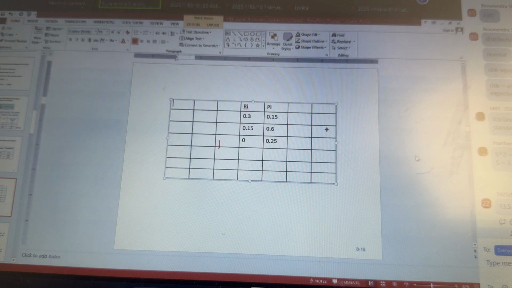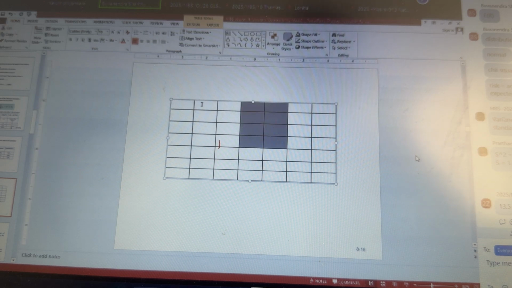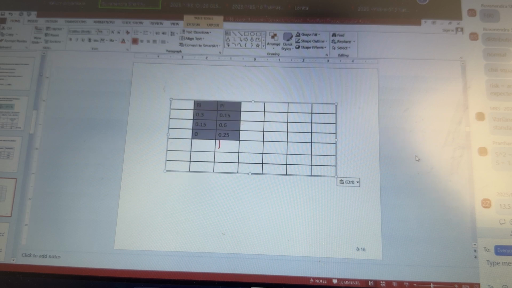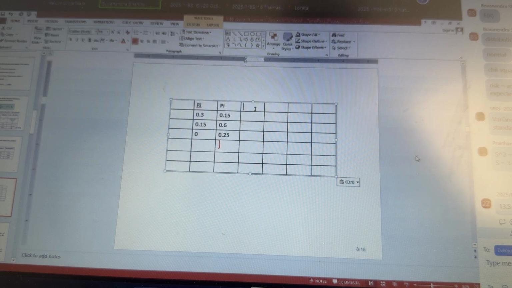So first we need to take RiPi. 0.3 multiplied by 0.15 is 0.045. For the second column, 0.15 multiplied by 0.6 is 0.09.